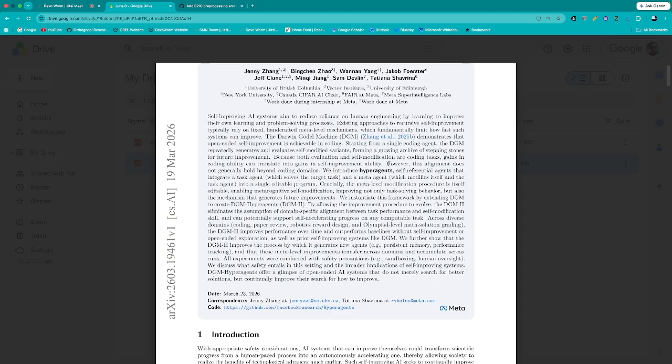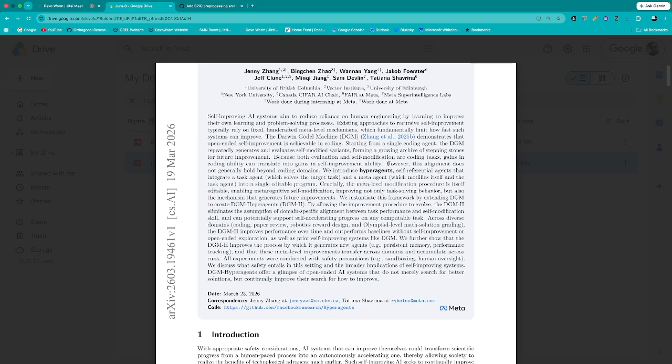We further show that the DGM-H improves the process by which it generates new agents. So this is persistent memory, performance tracking, and these meta-level improvements transfer across domains and accumulate across runs. So this is, again, showing that this self-improvement is more pervasive than just simply a measure of performance on one isolated task.